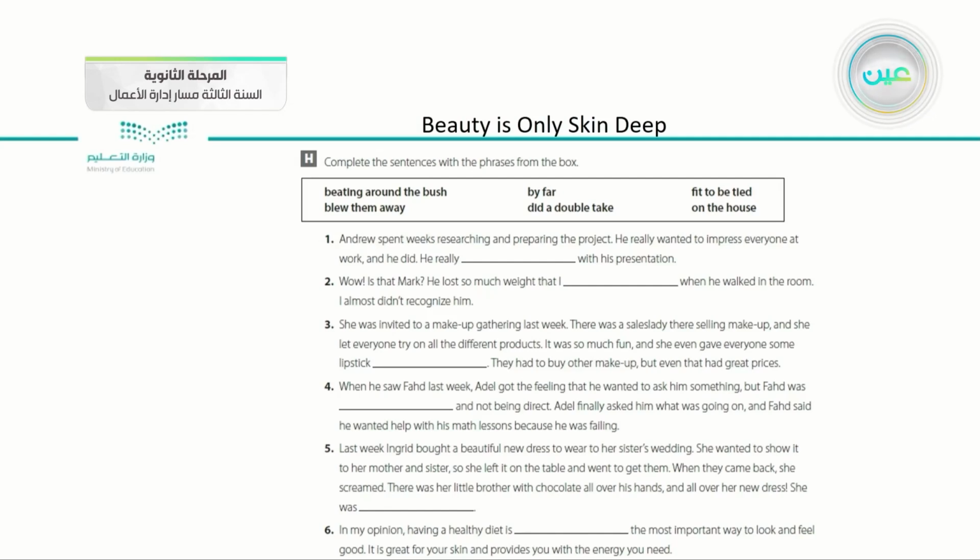We have 6 expressions: beating around the bush, blow them away, by far, did a double take, fit to be tied, and the last one, on the house. You all now know the meaning of each one of these expressions and how to use them. Now we have 6 sentences.